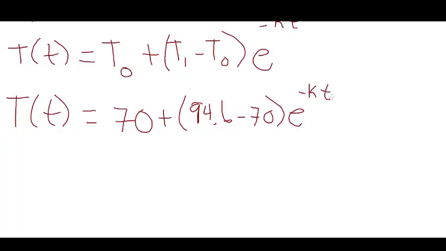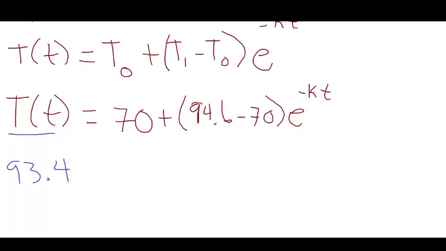The next bit of information it gives me is that the next temperature I take is 1 hour later. That would mean my lowercase t was the 1 hour, and then the capital T would be this new temperature, and that new temperature was the 93.4. Let's plug in everything we know, and we can simplify our formula along the way as well. So this capital T, we know this new temperature is now 93.4.